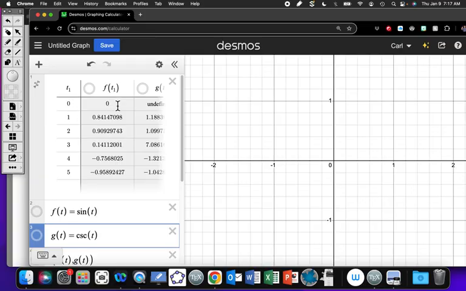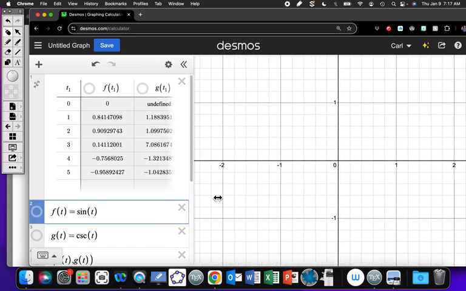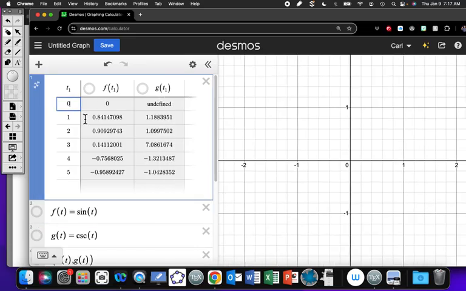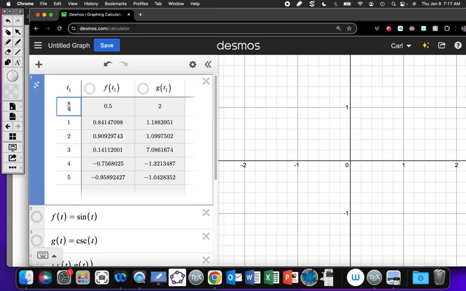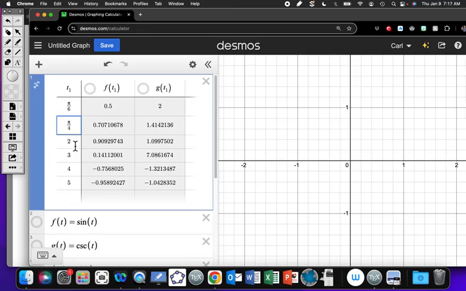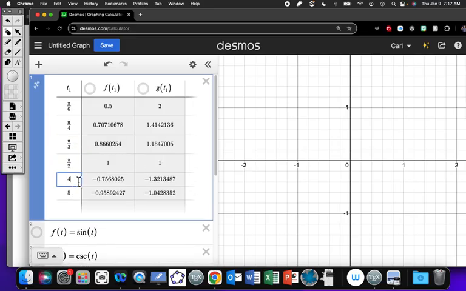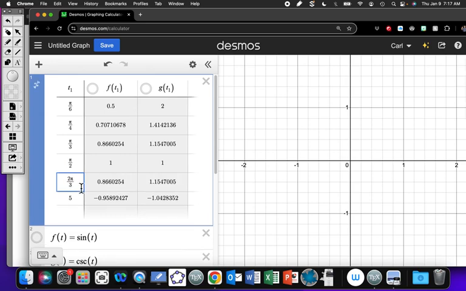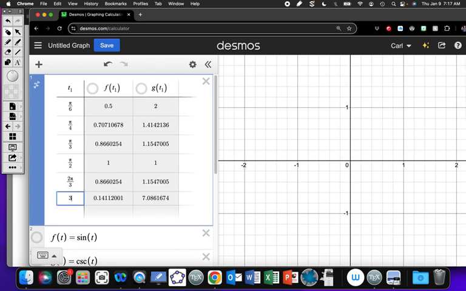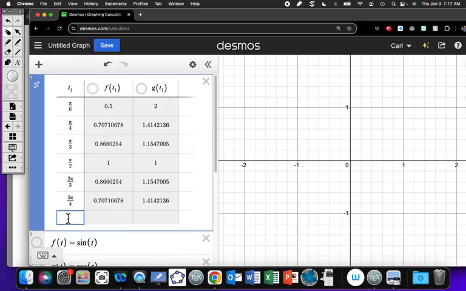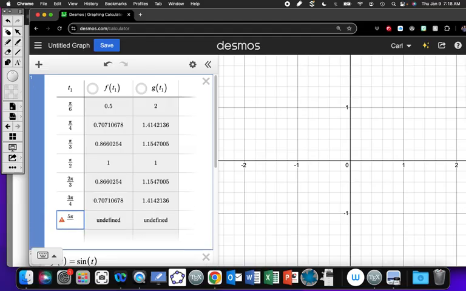As I mentioned here, it's going to be undefined at 0. So let's plug in some friendly trig numbers, like pi over 6, pi over 4, pi over 3, pi over 2, 2 pi over 3, 3 pi over 4, 5 pi over 6.